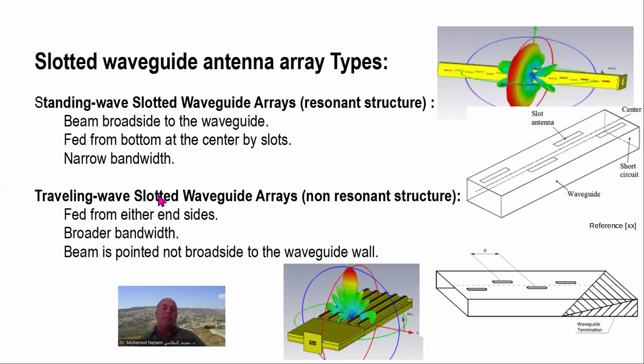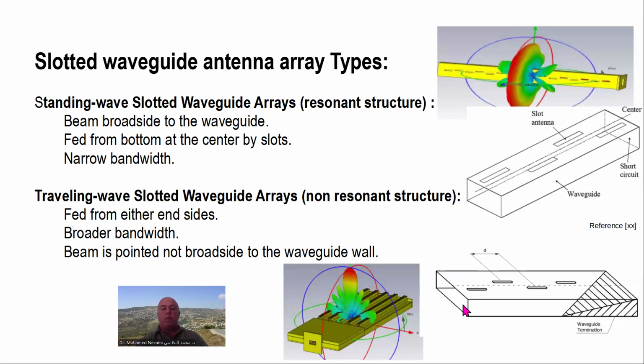And then the traveling wave slotted waveguide arrays, we call them non-resonant. The reason they're non-resonant is because the distance between the centers of the slots doesn't have to be a half wavelength. It can be some other value. And so in this case, the beam is not necessarily orthogonal to the axis of the waveguide, where in the other one it's always 90 degrees from the axis of the waveguide.